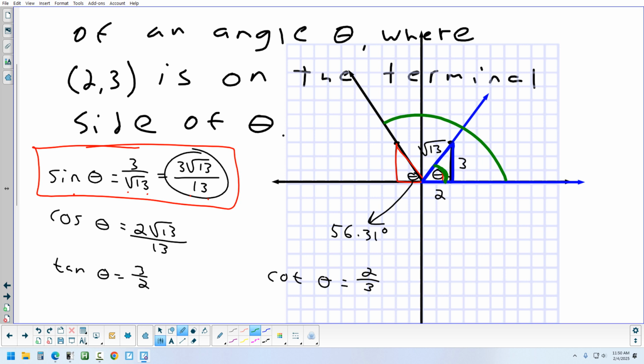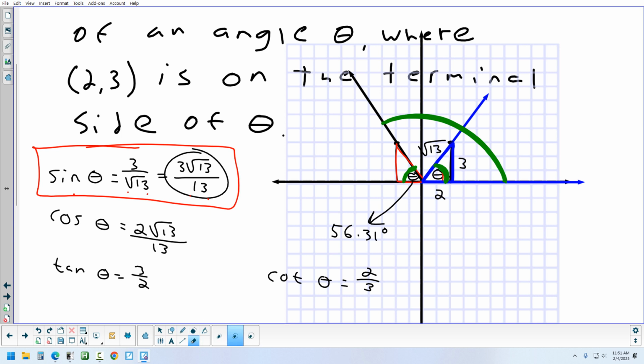You draw it from the x-axis to the hypotenuse. Well, if I go from the x-axis to my hypotenuse this time, it's bigger. If that part is 56.31, how would you get that part right there? Subtract that from 180. Yes, you would subtract it from 180. We're gonna write that down. When you have a reference angle in quadrant 2, you need to subtract it from 180 because of what I just showed you there.